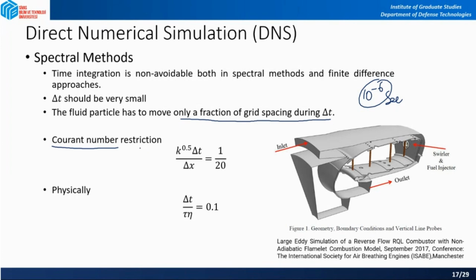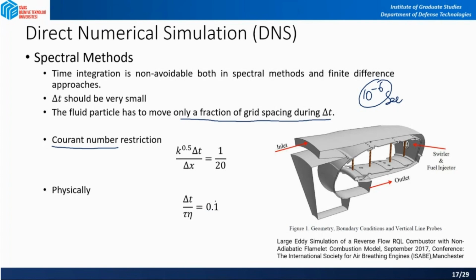This is related to the stability of your integration scheme. It is a very pure numeric thing. The Courant restriction says that k to the power of 0.5 times delta t over delta x is equal to 1 over 20. Regardless of the numerical method that you are using, there is also a physically based restriction. Physically, your delta t over tau eta, the Kolmogorov time scale, is equal to 0.1.